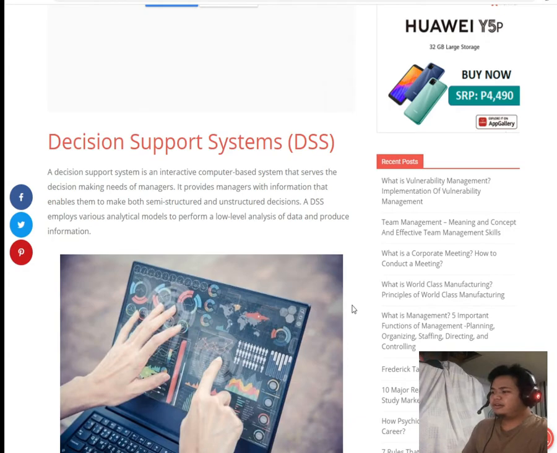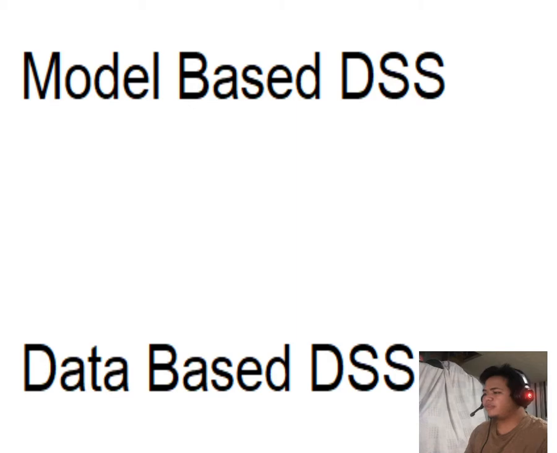So, there are two types of DSS: a model-based DSS and a data-based DSS. So, what is a model-based DSS? A model-based DSS is a standalone system and is not connected with other major corporate information systems.